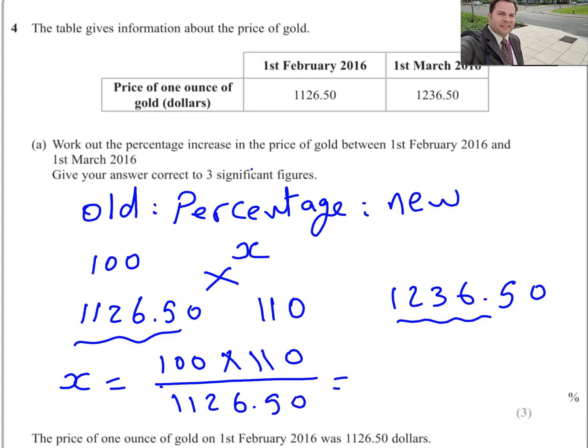Simplify, you will get your answer by using your calculator. The answer is 9.7647, but it's written here, write your answer to 3 significant figures. The first 3 significant figures is 9.76.